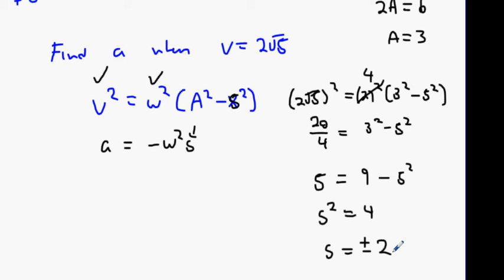Therefore, your acceleration is minus omega squared, which is minus 2 squared, times s, which is going to be another 2, and it'll give you minus 8 or plus 8, right? So the acceleration was of magnitude 8 ms to the minus 2.